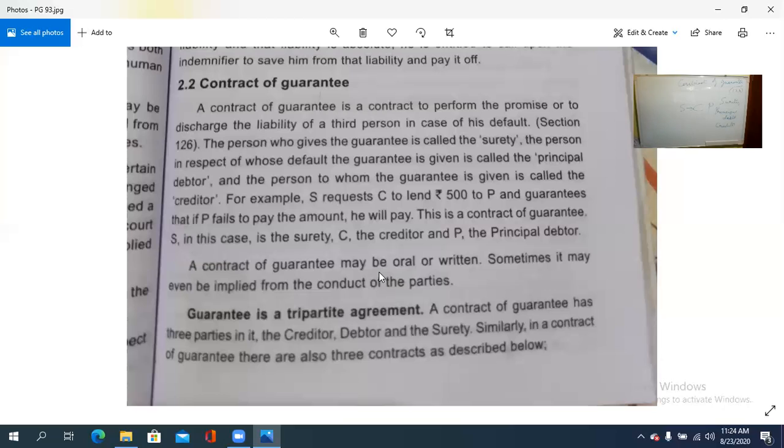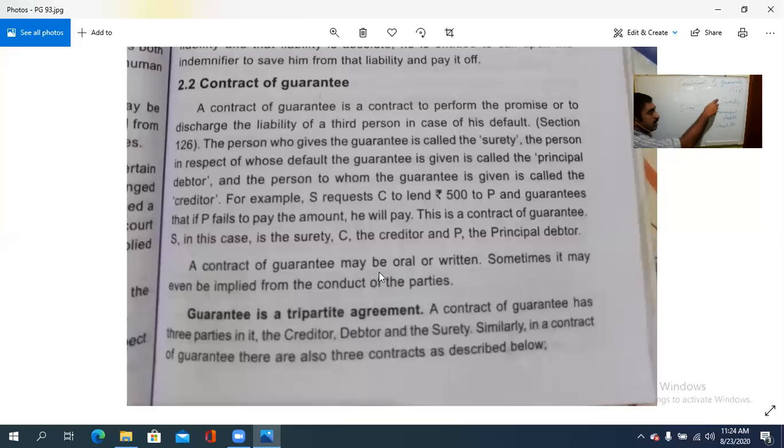This is a contract of guarantee where S is the surety, P is the principal debtor, and C is the creditor. So on behalf of P, suppose S needs to pay, this is a case of guarantee. If P is not paying C, then S will pay. That is the case. Clear?